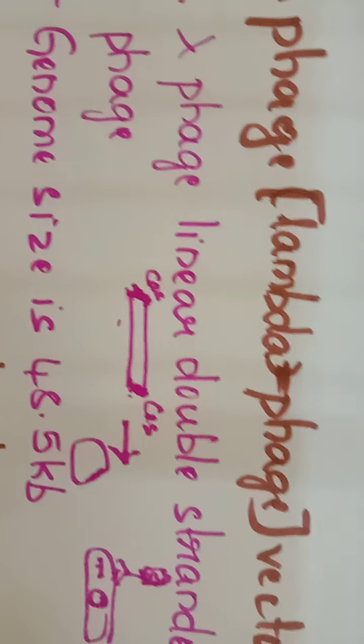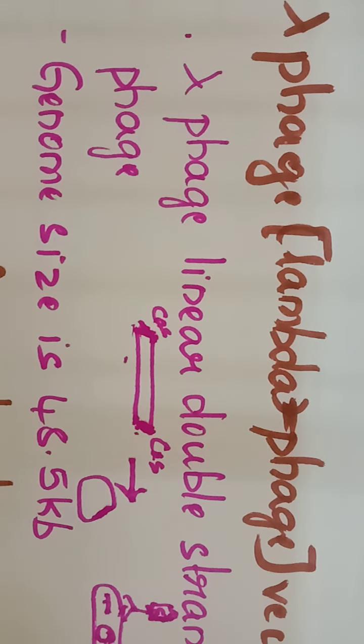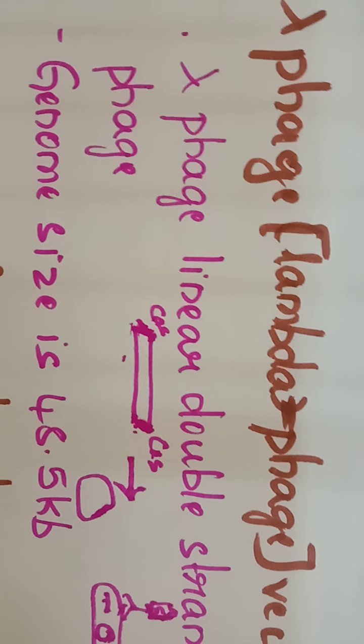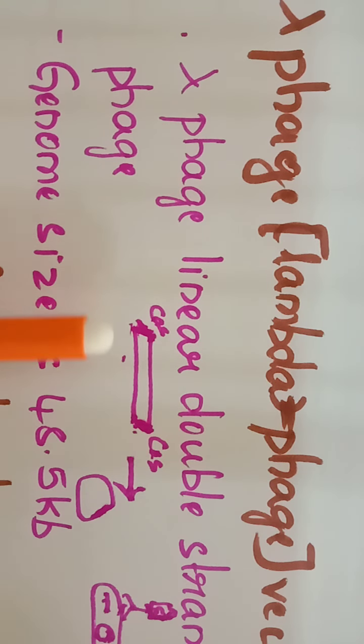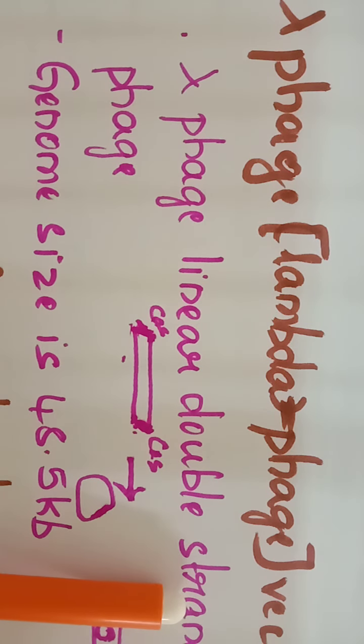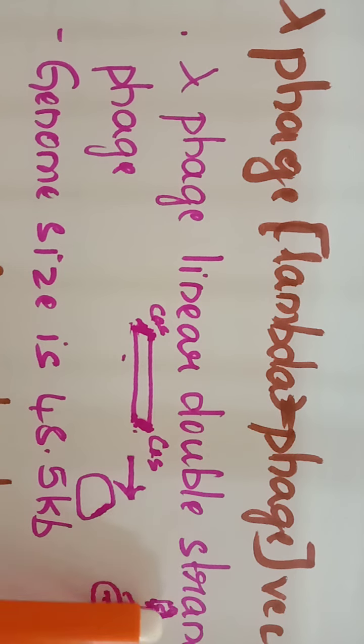First we discuss the lambda phage vectors. They have a linear double-stranded DNA and also have cos sites. Initially in the bacteriophage, the DNA of the virus is in linear form.